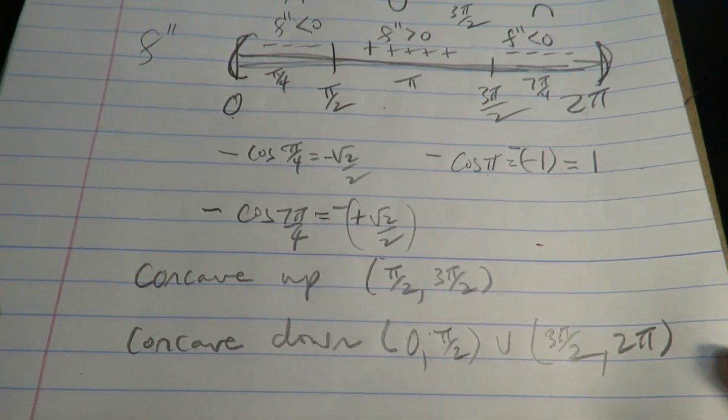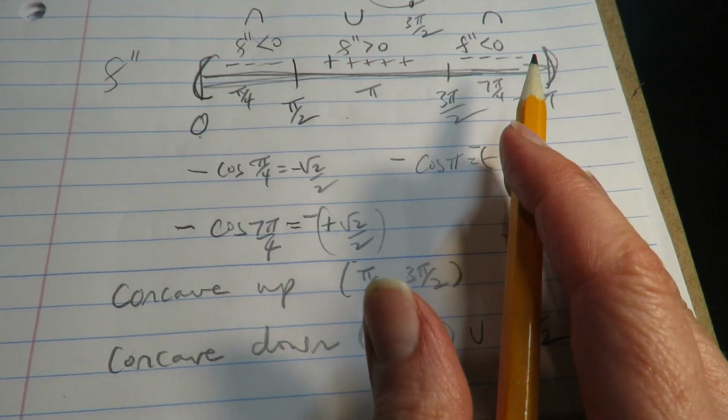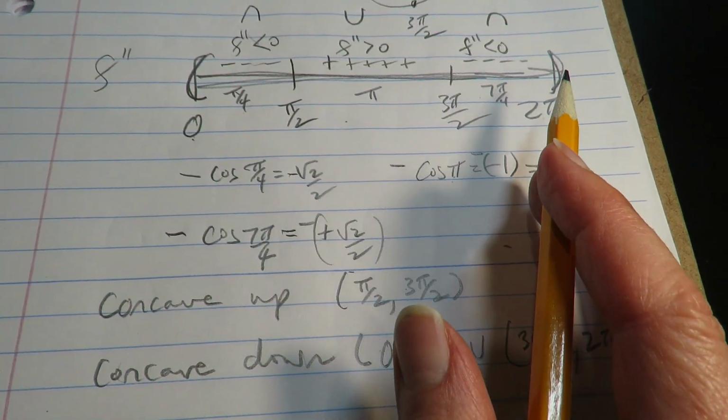Okay, so that's the concavity that I'm grabbing off of my data.